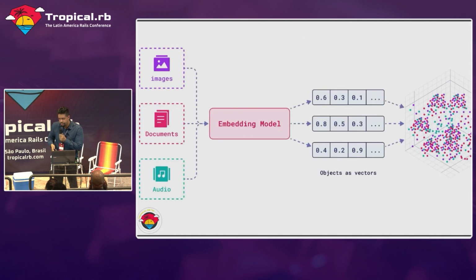Here I have another example, showing the data types on the left, then again the embedding model, which is an AI that converts them into vectors. At the end, as you can see, a lot of points are the vector database that stores those vectors.